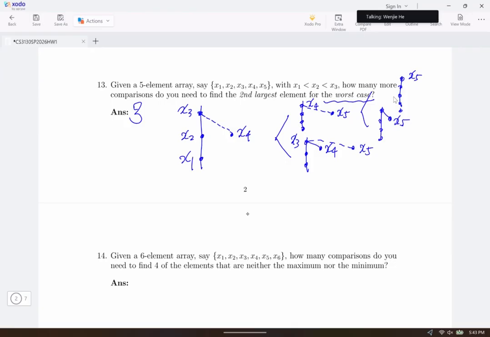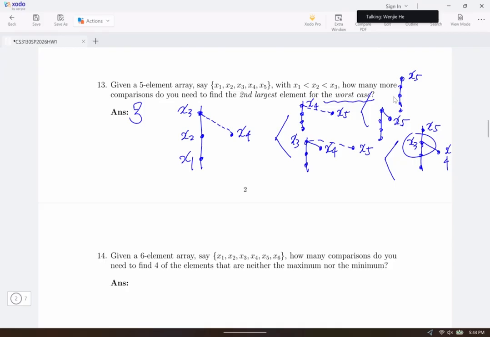If x5 is higher than x3, then you get a solution, because after two comparisons you already have the second largest. So that's not the worst case. That's the best case.